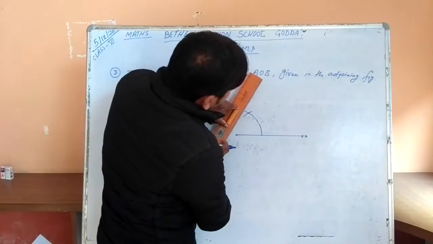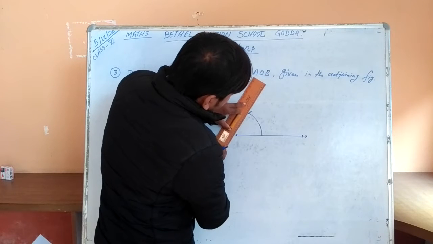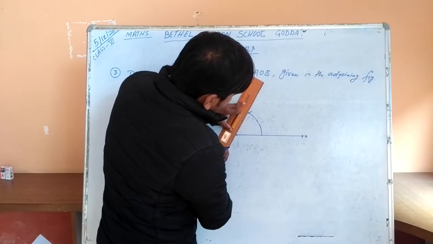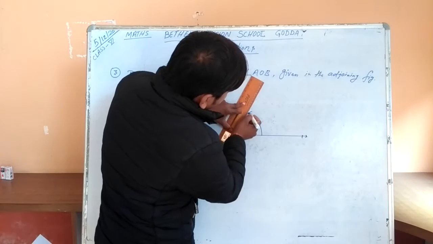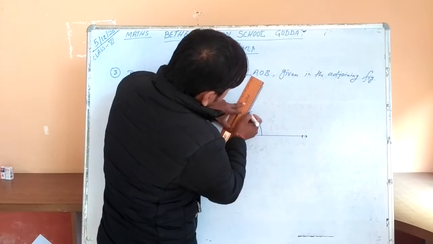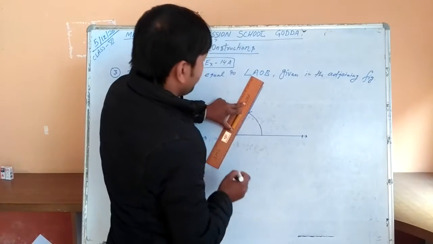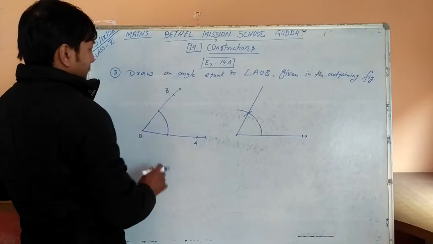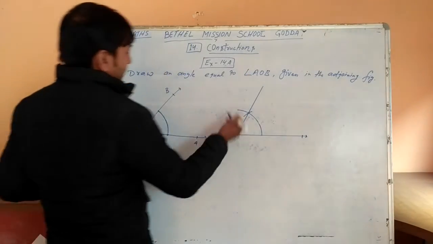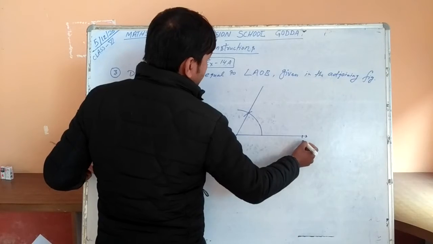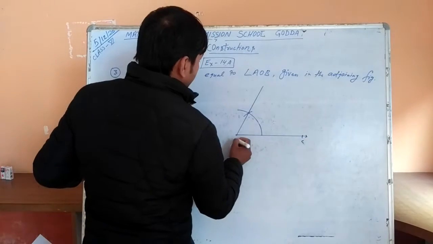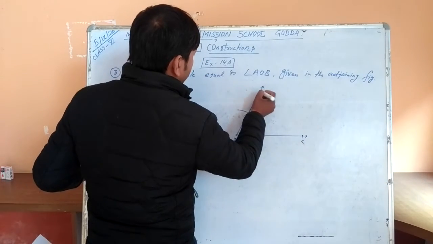You can draw a line through these points, and give a name. This is AOB, so we will give some other name, that is C, D and E.